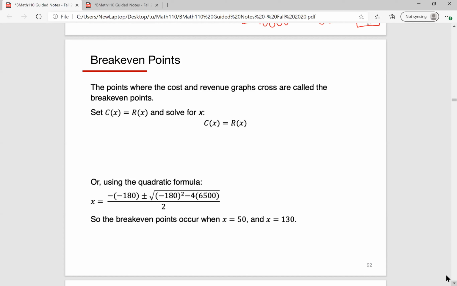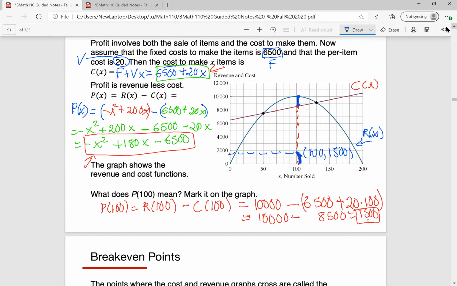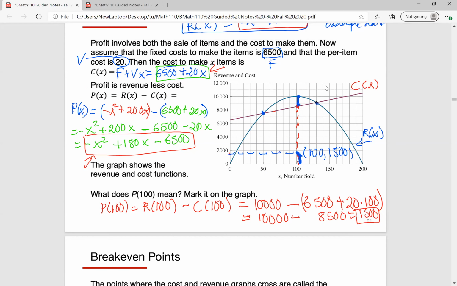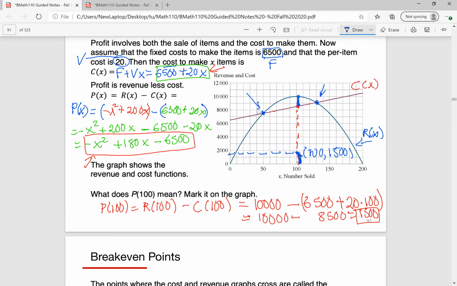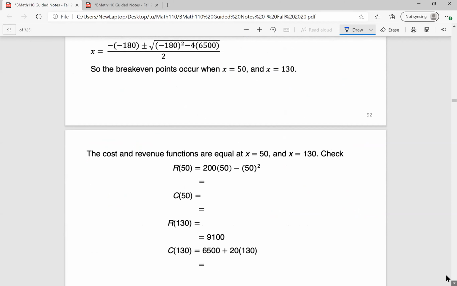So if you want to come back with the graph here, the break-even point is this point where you're gonna have the cost and the revenues equal, and you don't make any profit. These 2 points.